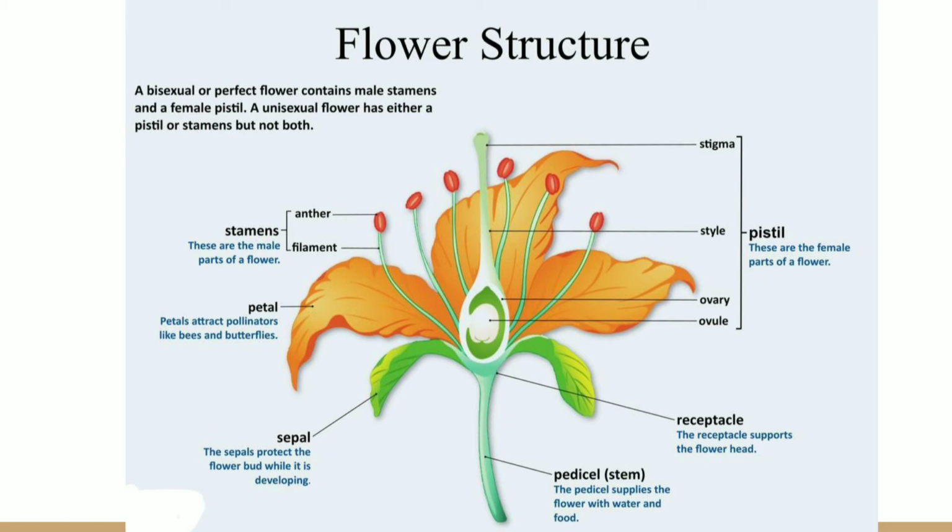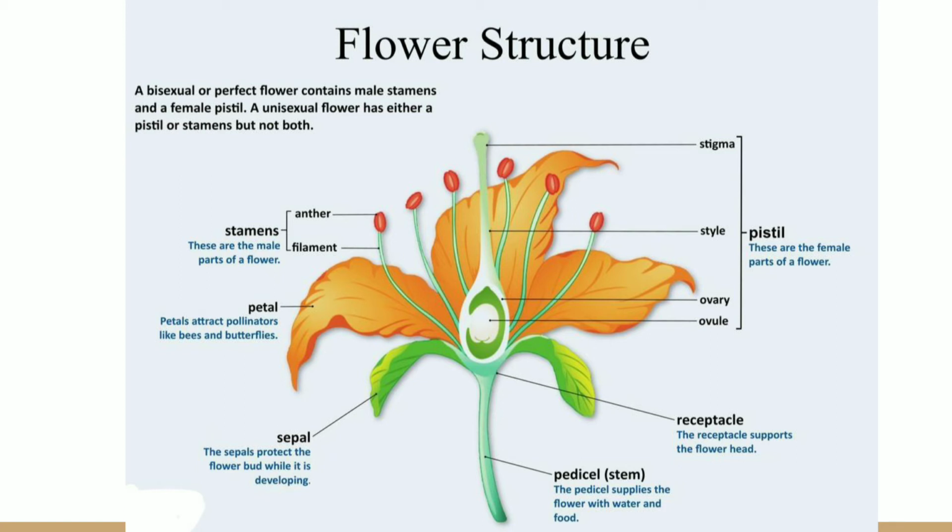Above the pedicel is the receptacle. It is there to support all the flower whorls. Every whorl is attached to the receptacle. So this receptacle is the flower base. Above the receptacle, the outermost whorl of the flower is calyx, and calyx consists of sepals.